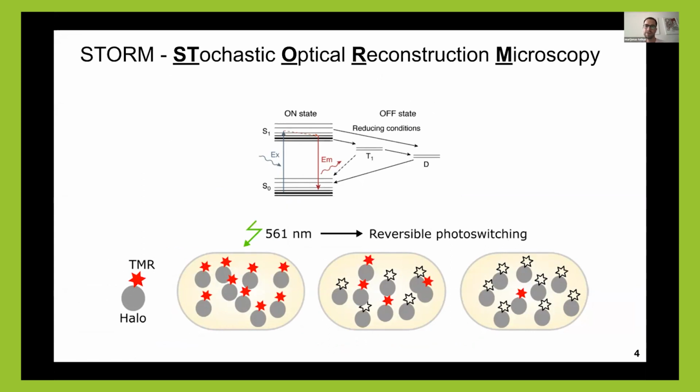But if we do the blinking trick, either by shining really high intensity laser power, like in the STORM method, or by adding some environment changes that could make them blink, we can identify individual molecules in different frames. So we have to acquire a number of frames, let's say 20,000 frames, with a short exposure time, and identify fluorophores in these frames.